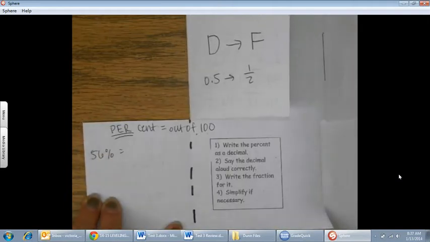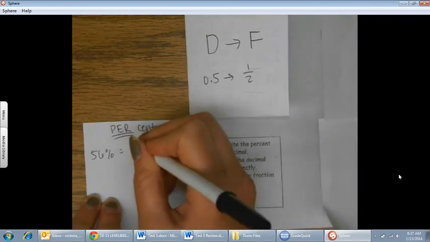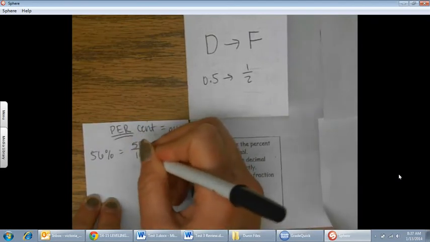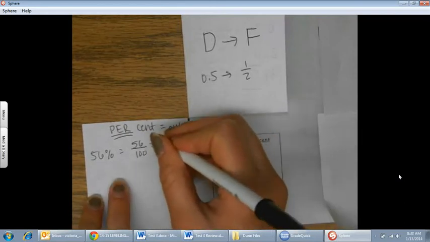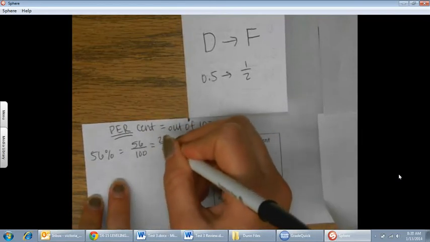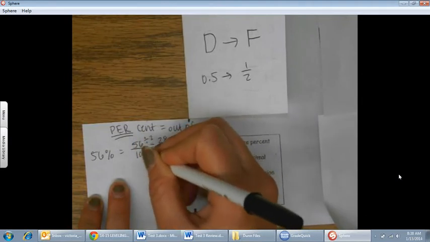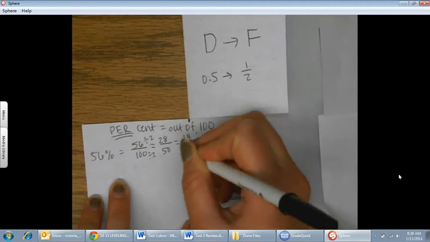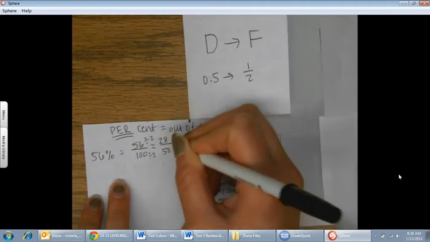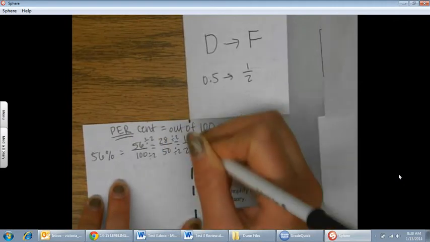And then you would simplify that if necessary, which we know can simplify to 28/50 by dividing by 2. And then we know that will simplify to 14/25 by dividing by 2 again. You could have originally divided by 4 and still gotten this answer, but the end result is 14/25.